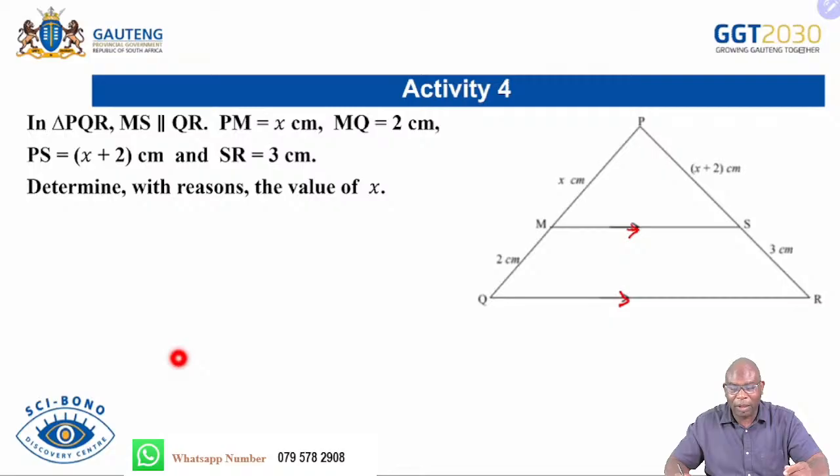So for this one, let me give you 3 minutes to look at this question and quickly do it. And the marks on this question are going to be 4. Let's see if we can get the 4 marks on this question. The 3 minutes is going to start.